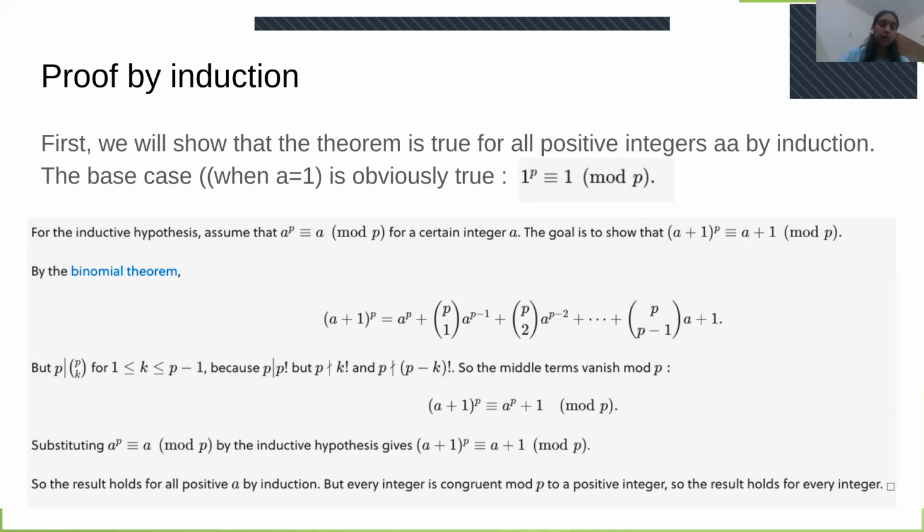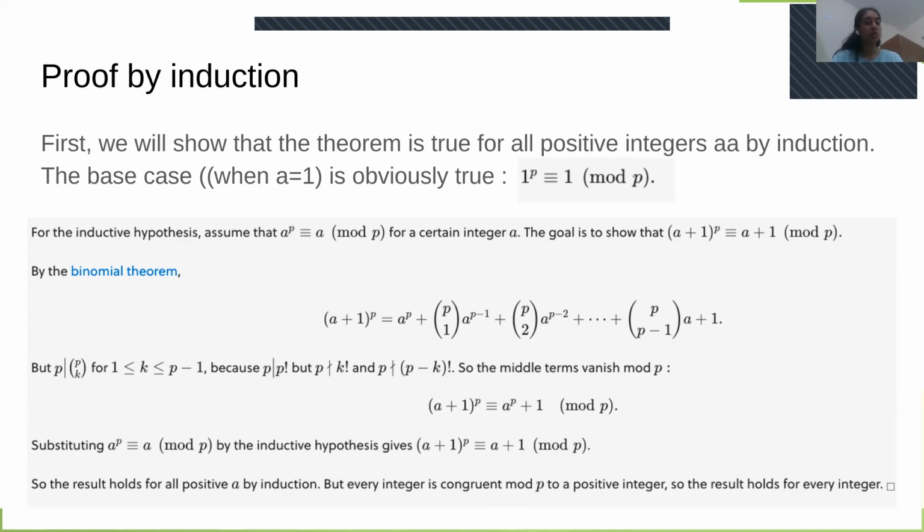But for 1 less than or equal to k less than or equal to P minus 1, P choose k is divisible by P. So the middle terms vanish mod P. So (A plus 1) raised to power P is congruent to A to the power P plus 1 mod P. By substituting the inductive hypothesis, we get the final result.